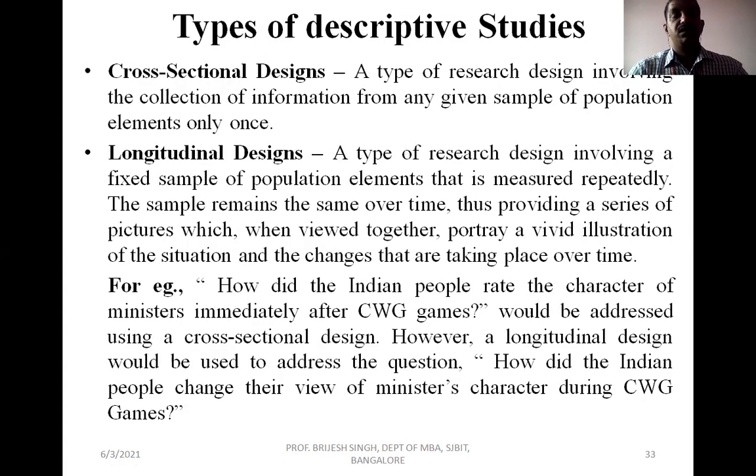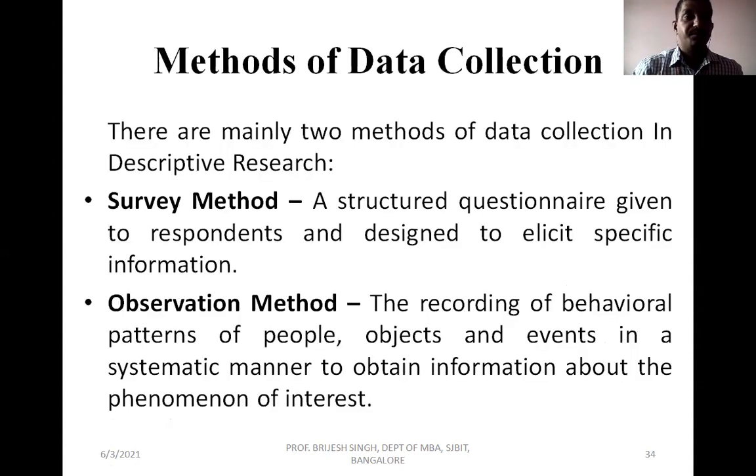There are different types of descriptive studies which we are going to study, like cross-sectional and longitudinal. Cross-sectional is for a given sample of the population, selected only once, whereas in longitudinal, you repeatedly do similar research on different people.